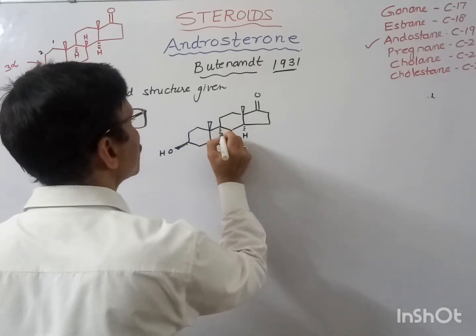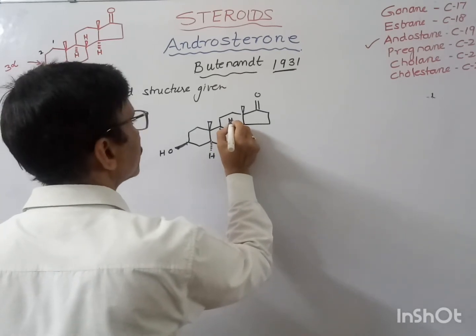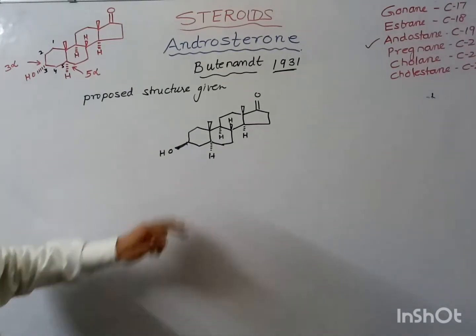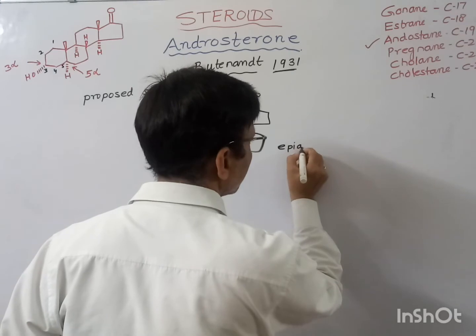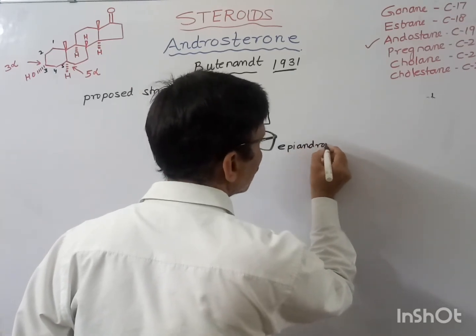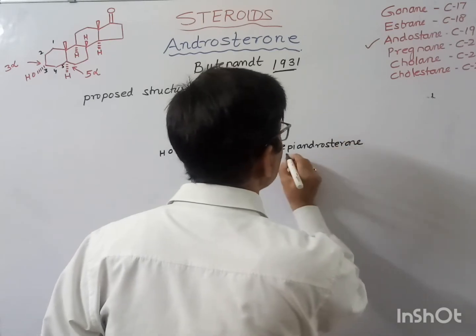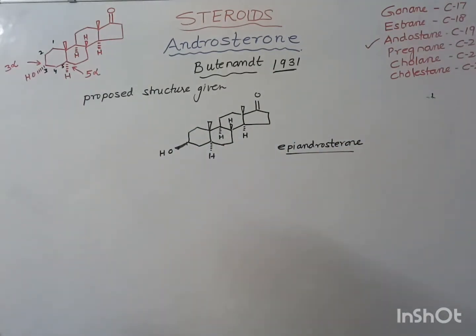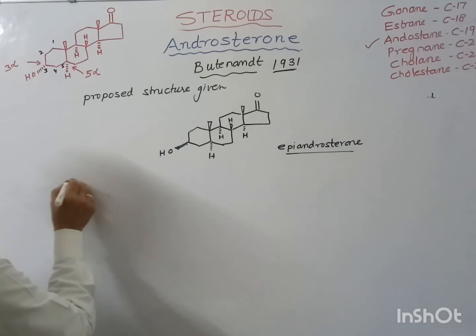Okay, so this was the structure proposed by Butenandt after the structural elucidation, and later on it was called Endosperm. Okay, so finally the correct structure of this Endosperm was given by Ruzicka.